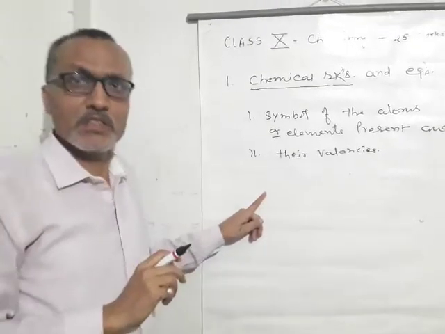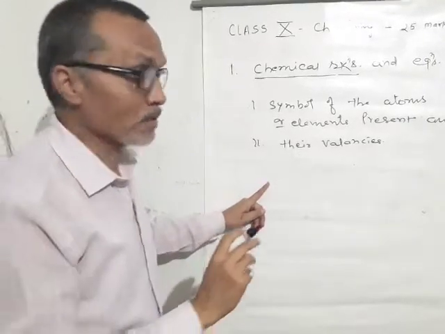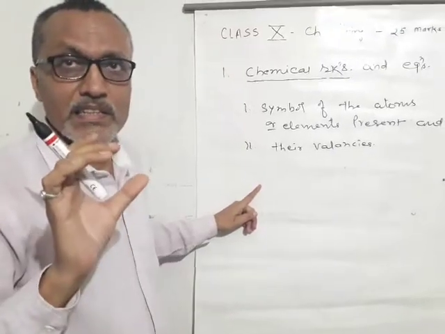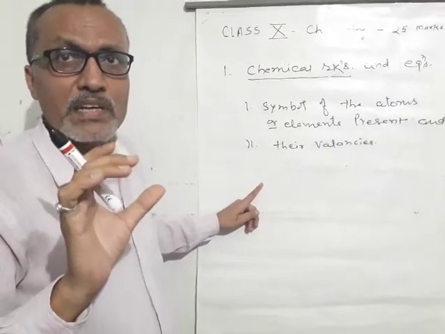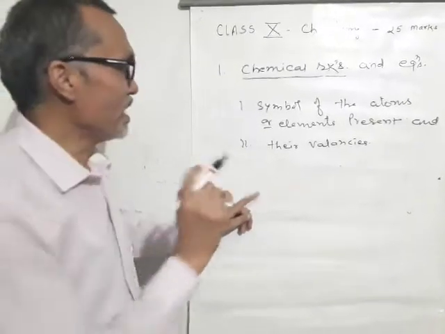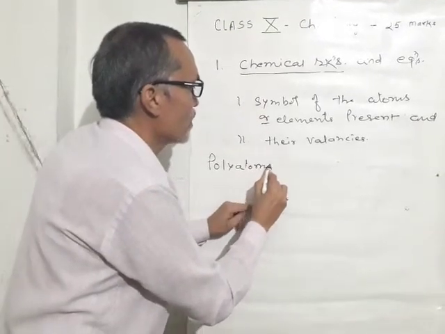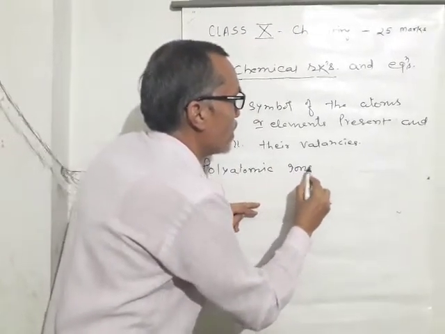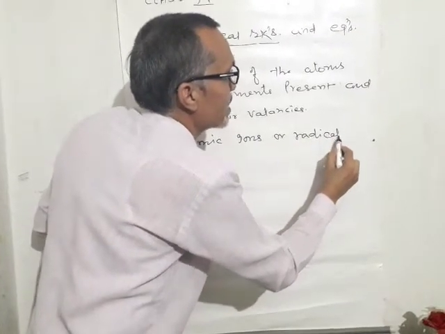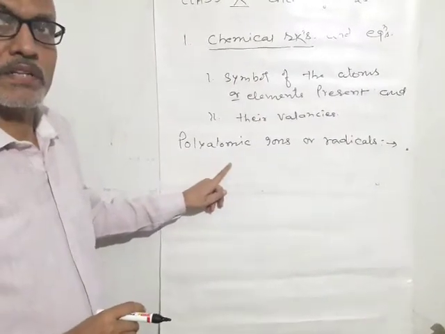Can you tell me, any of you? No. Okay, I am going to tell you. Those entities which act as a single unit, and have a net positive or negative charge, are known as polyatomic ions. Or you can say radicals, polyatomic radicals. They are groups of atoms.